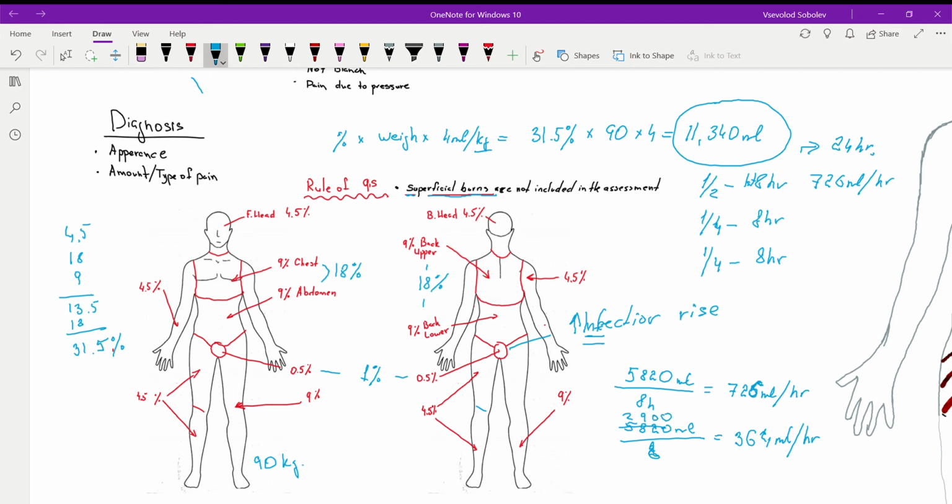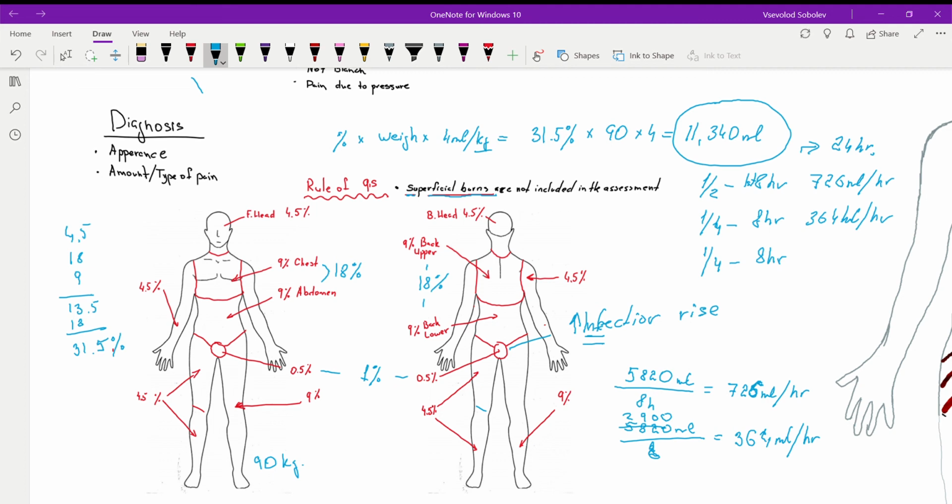Okay, we have another 370 that we have to infuse over, 364 milliliters an hour. And then the last one, gosh, it should be half of this, as much as I remember.